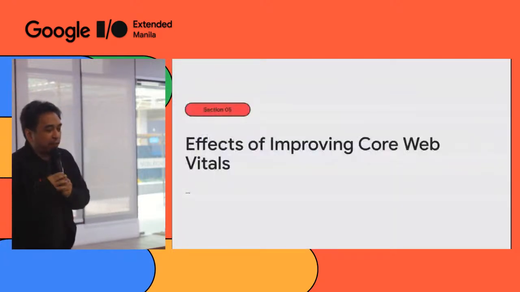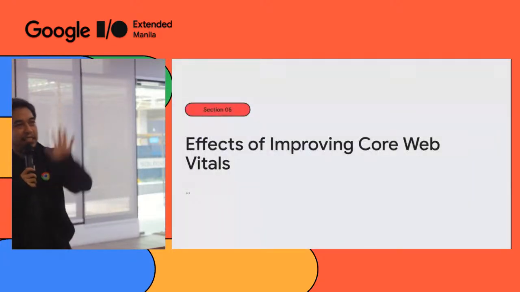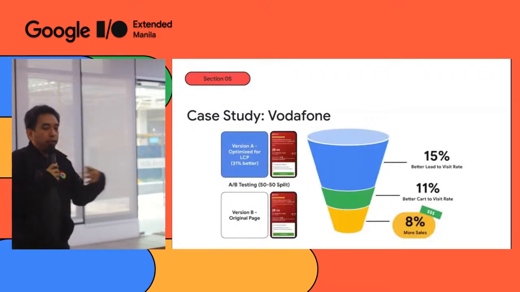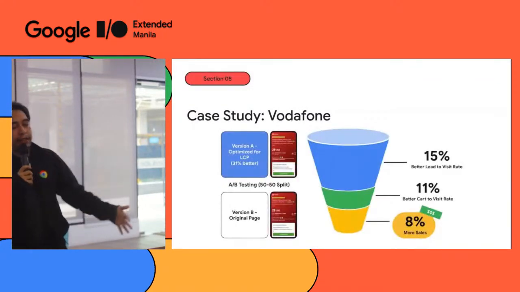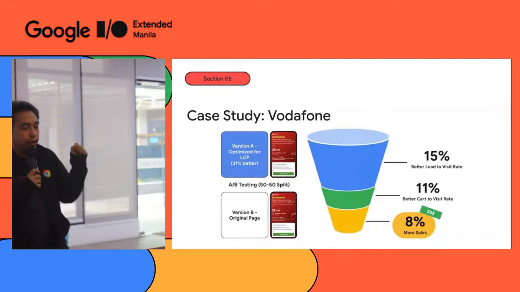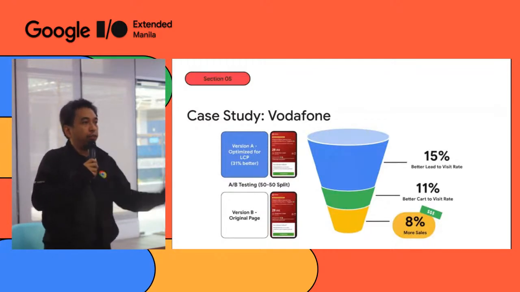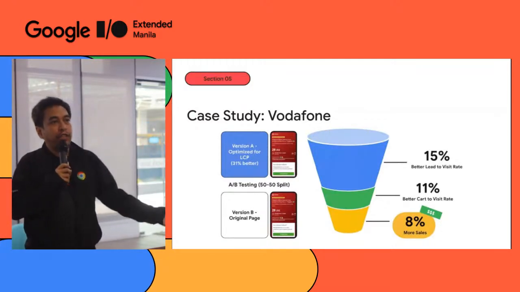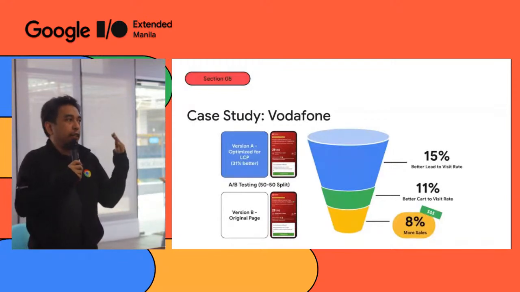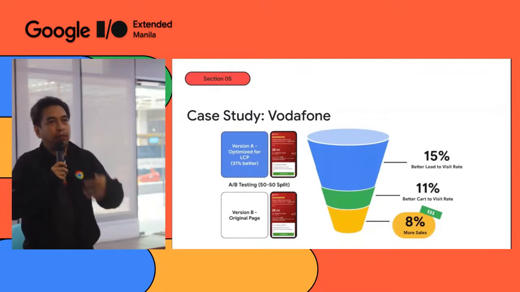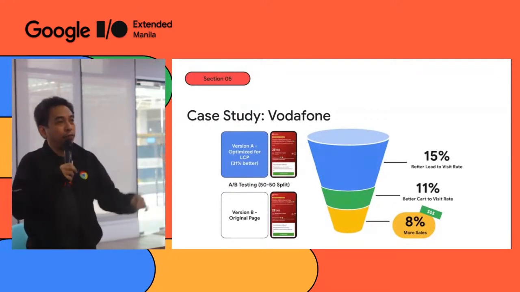So, effects of improving core web vitals. These are just case studies that you can look at. But the idea here, over and over again, improvements on your core web vitals would always have improvements on user experience, and improvements on user experience usually make users buy something or mataas yung conversion, be converted.